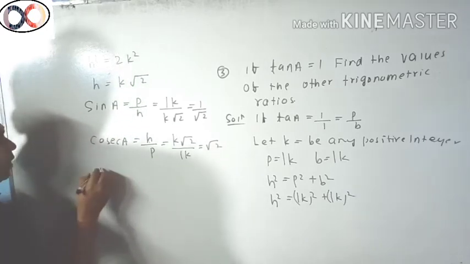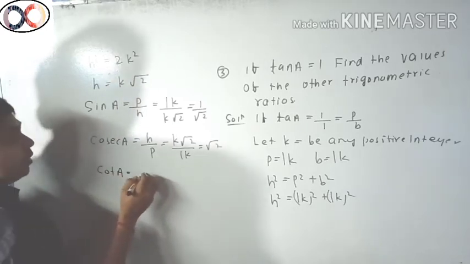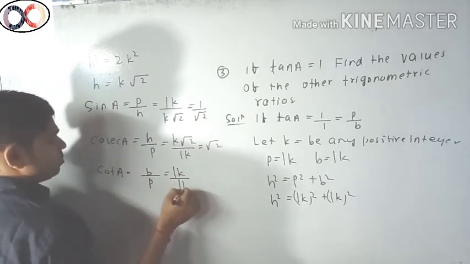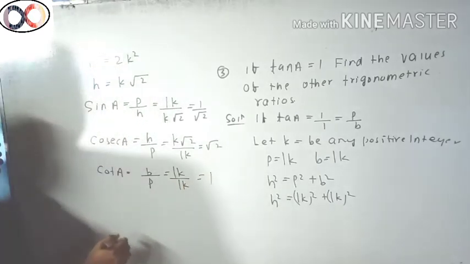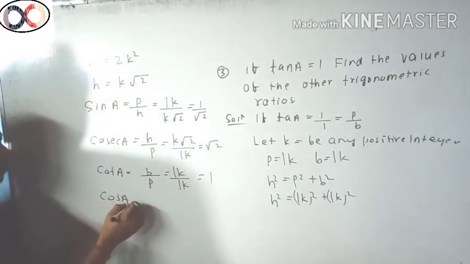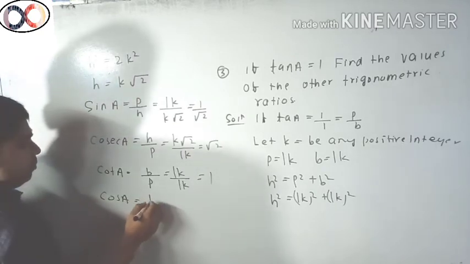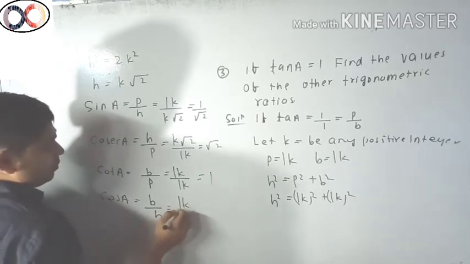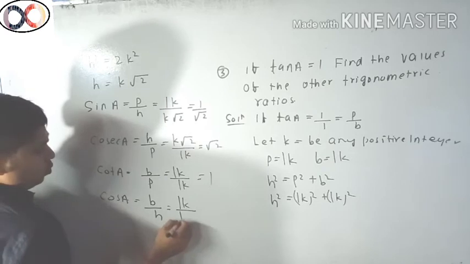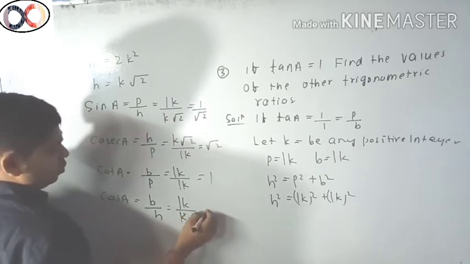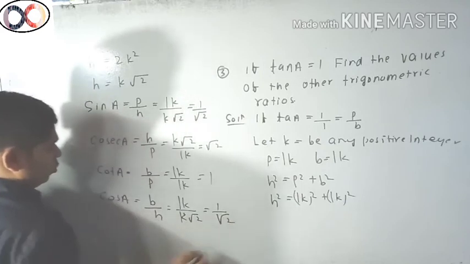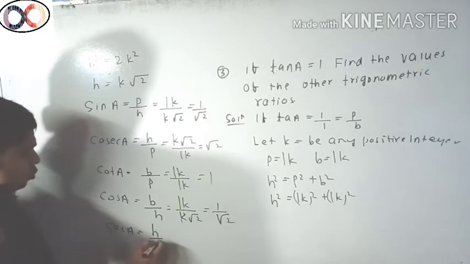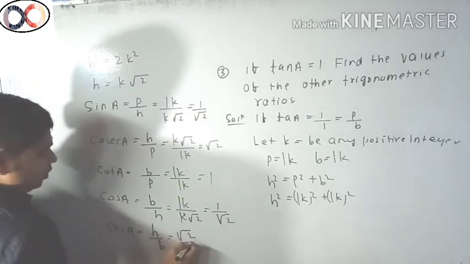So you have to find cot A. Cot A is B by P, that is 1k by 1k, equals 1. Next is cos A. Cos A equals B by H. B is 1k and H is k root 2. So you will get 1 by root 2, and next is sec A, that is H by B. So you will get root 2 by 1.